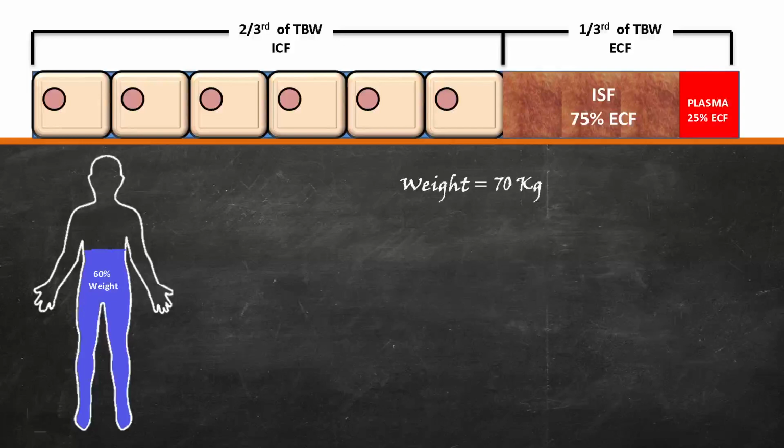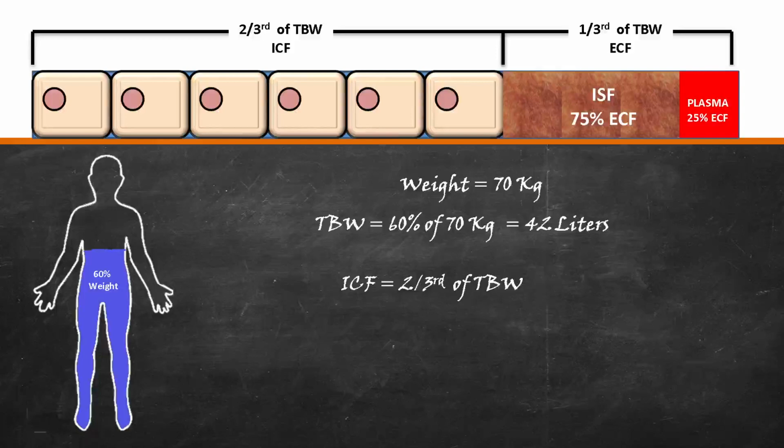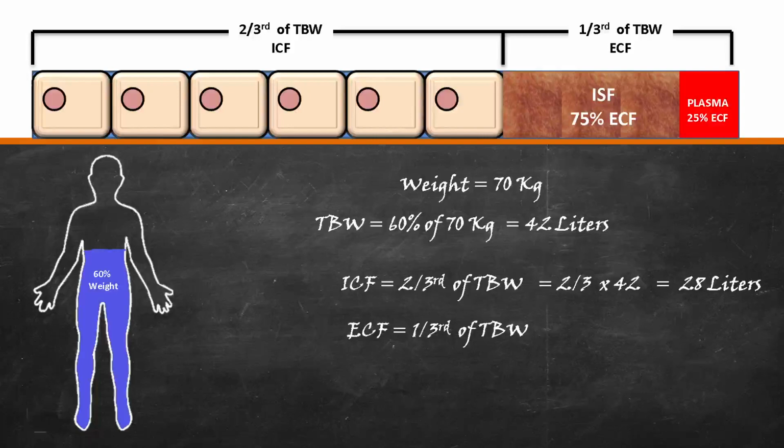In this example, if the weight of a person is 70 kilograms, then total body water will be 60% of 70 kilograms, which is equal to 42 liters. The intracellular fluid will be two-thirds of total body water, which is equal to two-thirds of 42 liters. That equals 28 liters. Extracellular fluid will be one-third of total body water.